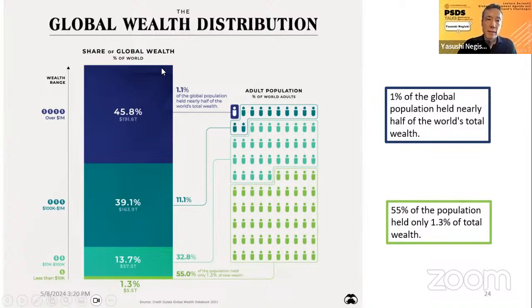And this asset is owned by only 1% of the total population. So we can understand how concentrated the global assets are, with only a very limited number of people holding this huge amount.